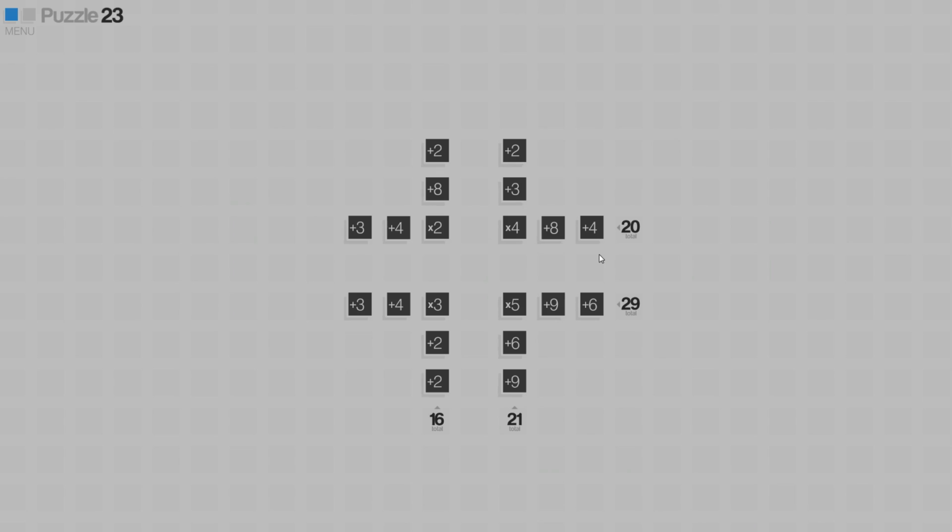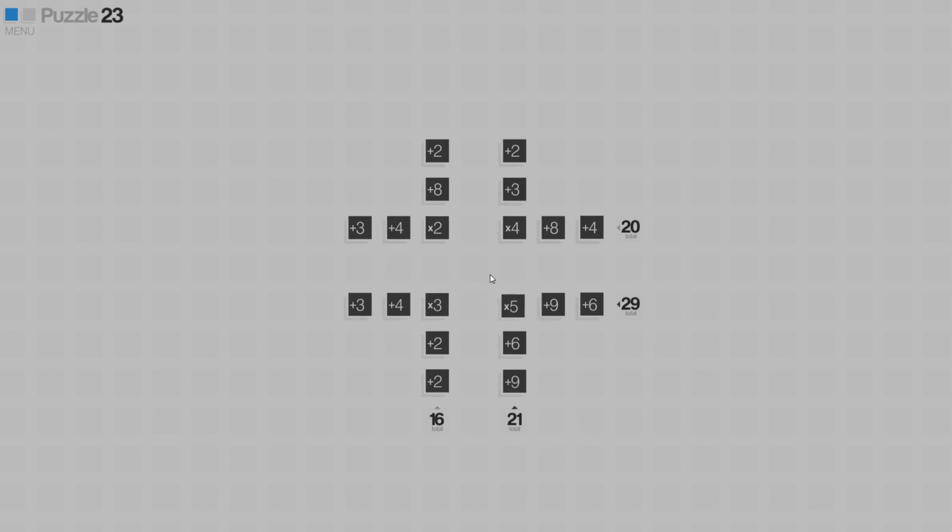I try to solve this in a more methodological way, by looking at these 4 multiplication tiles here in the center, because if you look at the column clues and the row clues, you can actually deduce that you need exactly 2 multiplication tiles only, and you need exactly one multiplication tile in each of the columns and in each of the rows.